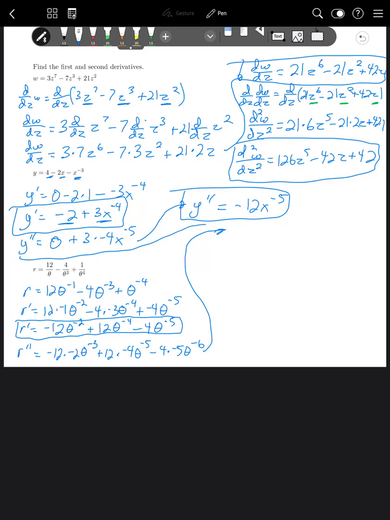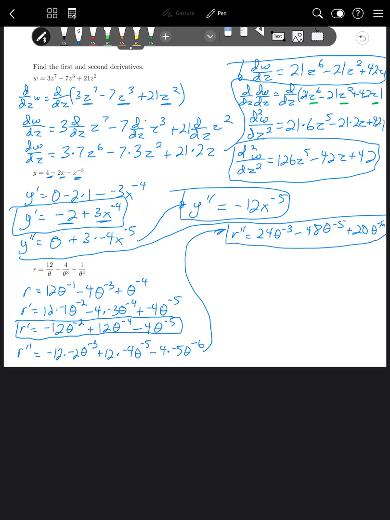And so if we come up here, we get r double prime is 24 theta to the negative third minus 48 theta to the negative fifth plus 20 theta to the negative sixth.